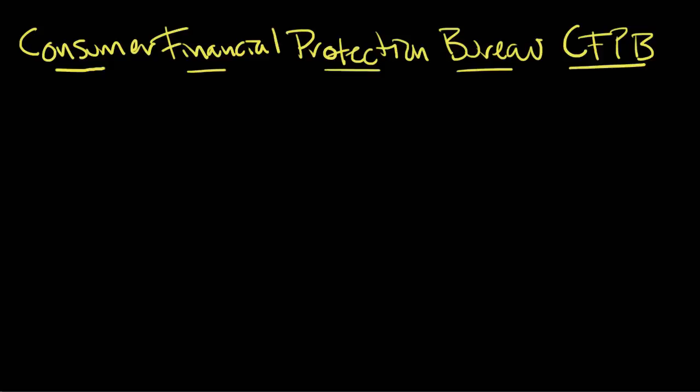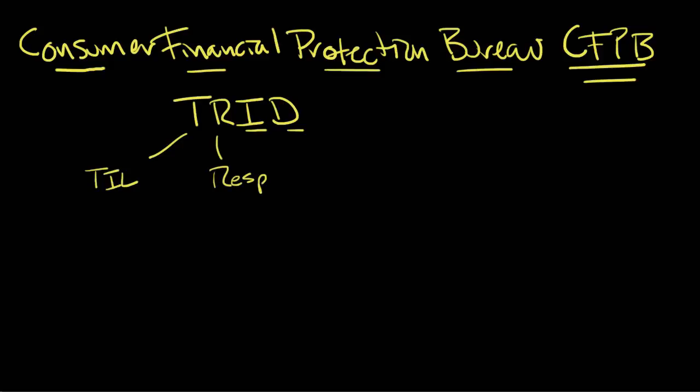In this particular case, the CFPB now oversees a number of laws, and the new name of the new law is called TRID. In order to understand TRID, which is overseen by the CFPB, you kind of have to understand what existed before, because TRID itself is called Truth in Lending, RESPA, Integrated Disclosure. So as you can see, Truth in Lending and RESPA go right into the title, and in order to understand TRID, you have to understand these other laws called Truth in Lending and RESPA.